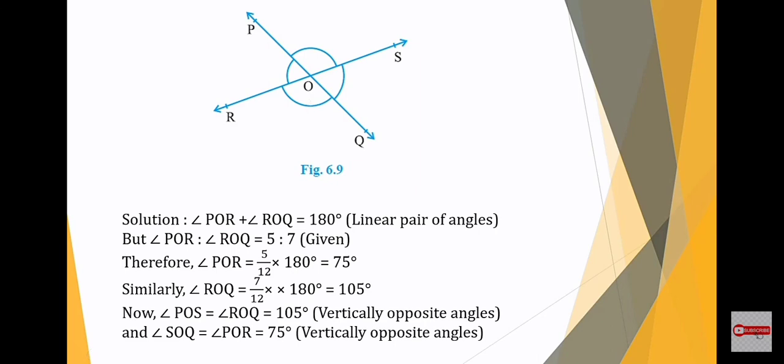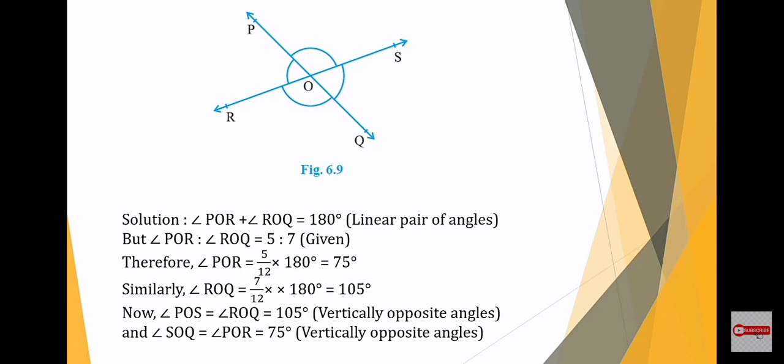Therefore, angle POR is equal to 5/12 of 180 degrees, because the total ratio is 5 plus 7, that is 12. 180 degrees means linear pair. So 5/12 of 180 degrees is 75 degrees.